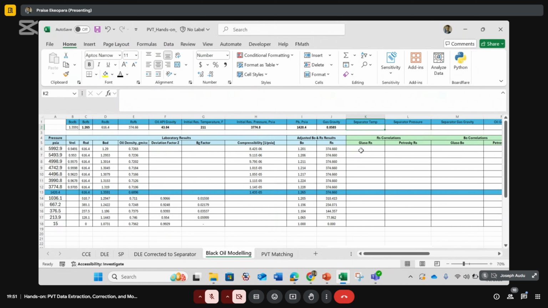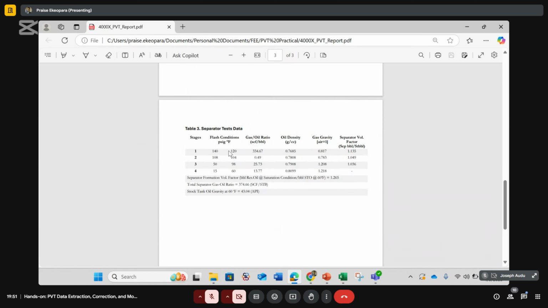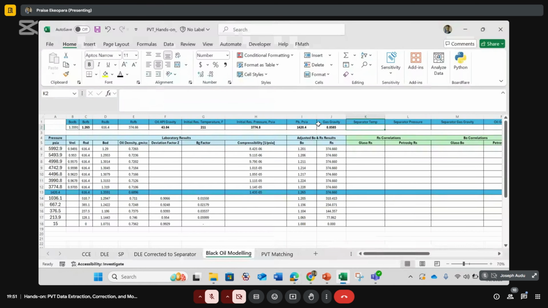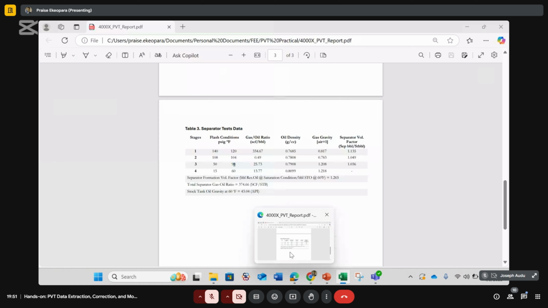Then the separator pressure, you get that by coming to the separator. This first one is actually our separator pressure, right? 120. So just go ahead and write 120. Then our separator pressure 2 will be our separator pressure.